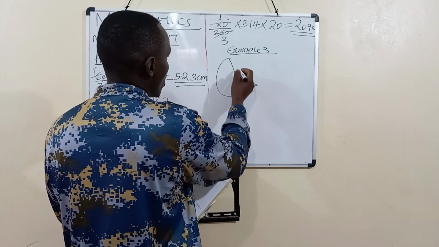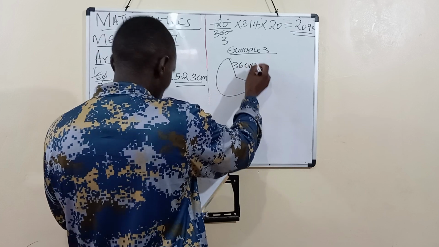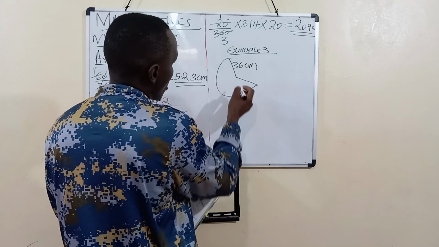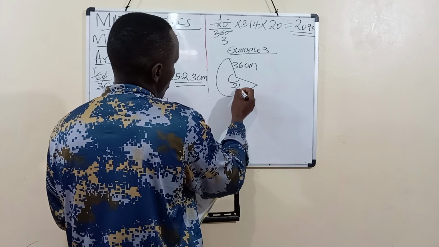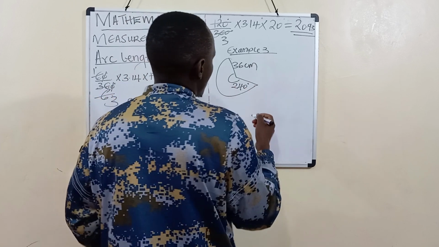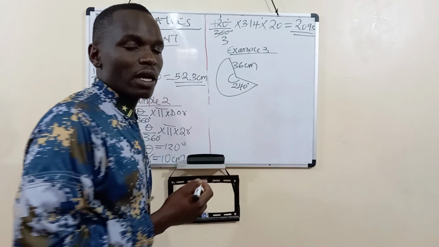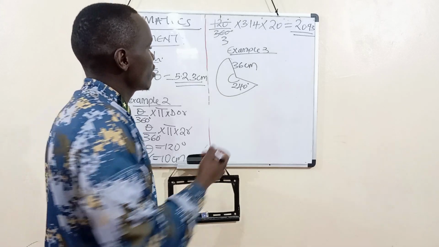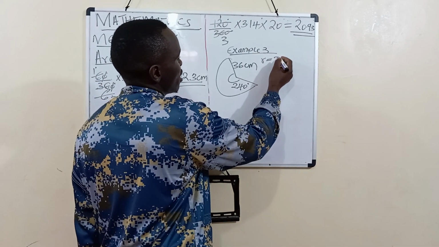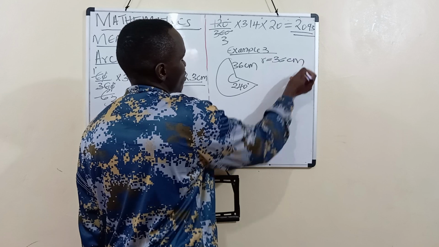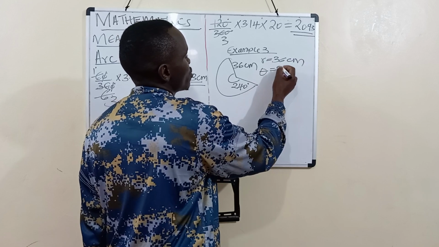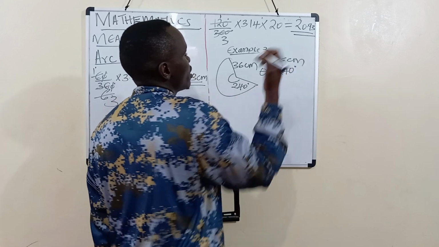Then here I'll have 36 centimeters. Then I'll have the angle here, 240 degrees. Again, it's good you observe that the radius is 36 centimeters. Then theta is 240 degrees.